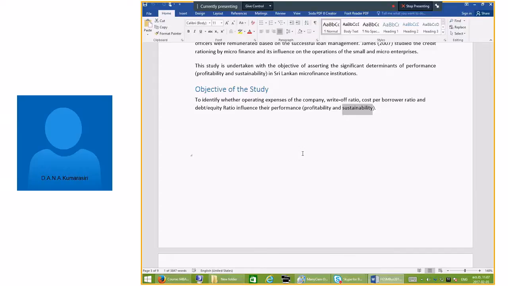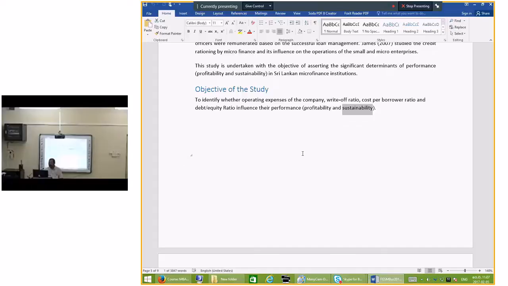Then completely delete the word sustainability, because sustainability is different from profitability, and profitability is different from performance. Okay, sir. If you take performance, take it as profitability. Use one word everywhere.